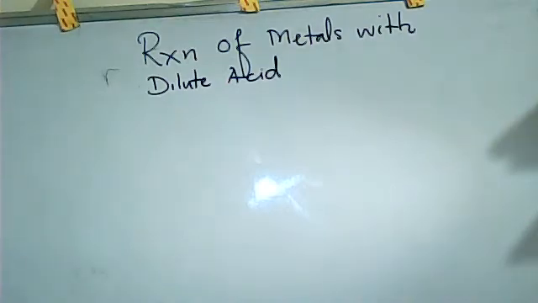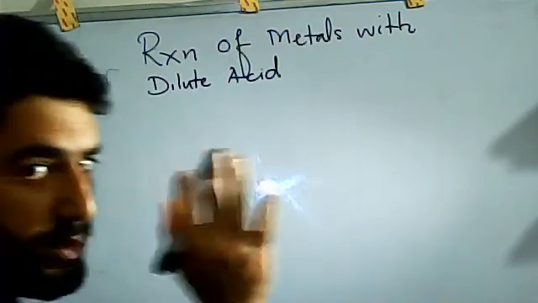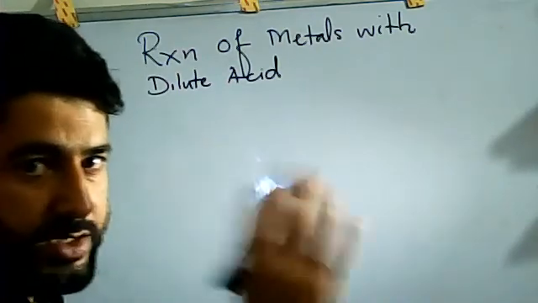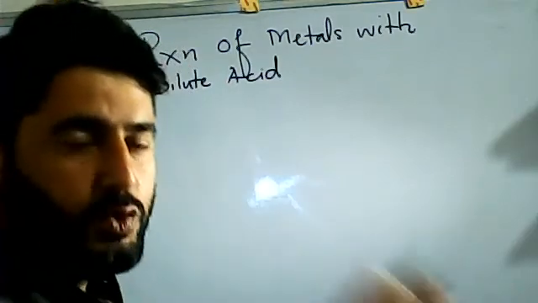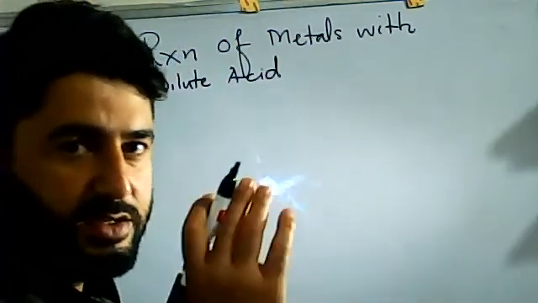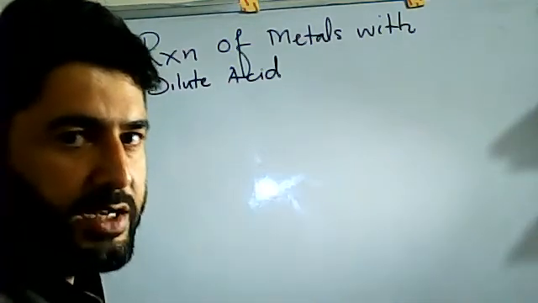First of all, the metal when reacting with dilute acid will displace hydrogen from the acid. Okay, dear. Now see, when metal reacts with dilute acid, the hydrogen from the acid is displaced, and the metal takes the place of the hydrogen.